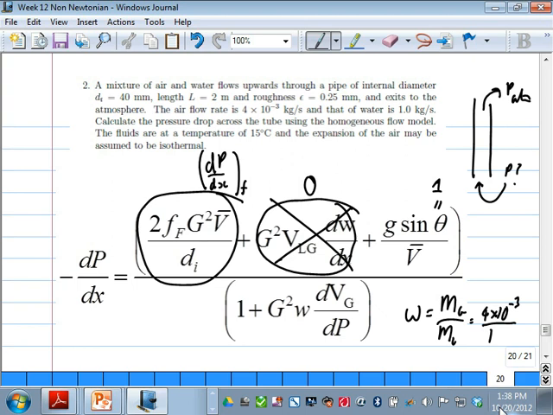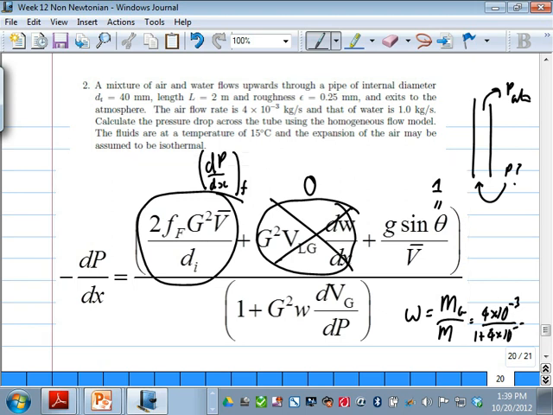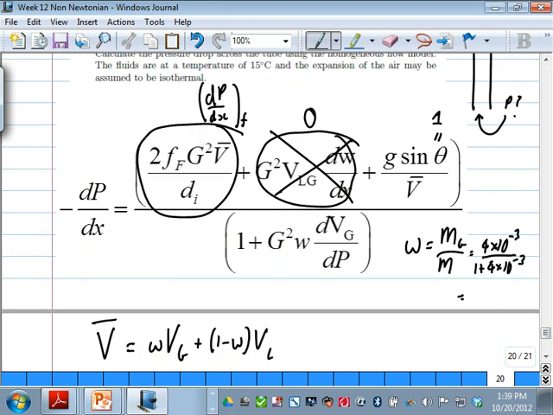Omega is the quality, so it's around 0.0004.